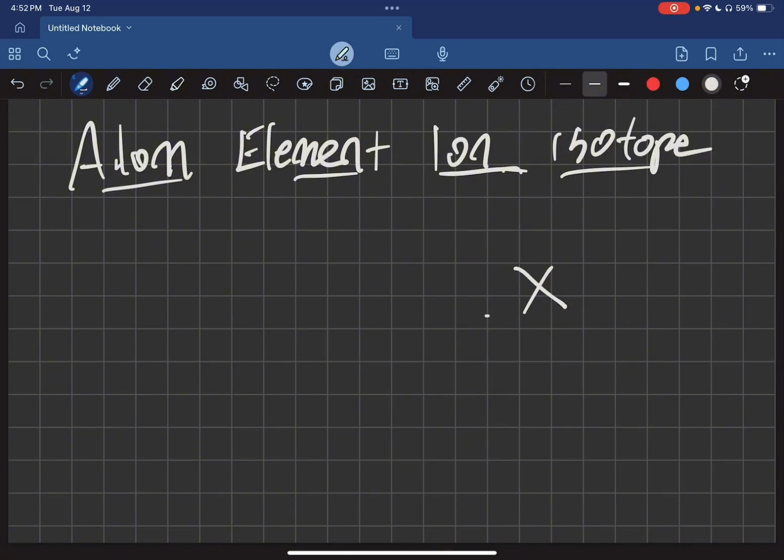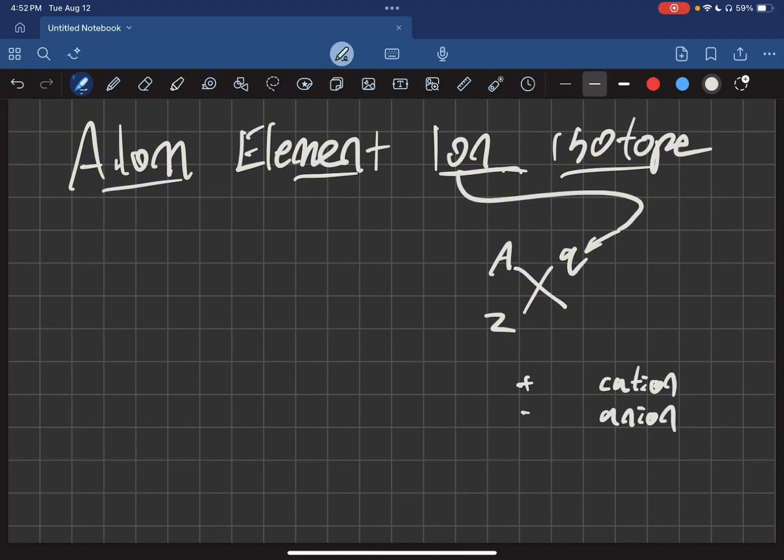So the Q up here is going to tell you the ion, because the Q is the charge. So if it is positive, then you have a cation, and if it's negative, you have an anion. So a few examples might be oxygen, you might see as oxygen, and in this case, you know, okay, just an element here, and make it complete, right?